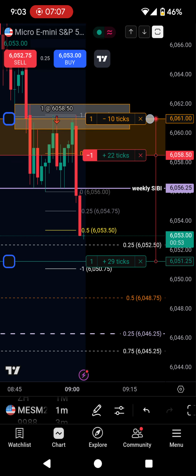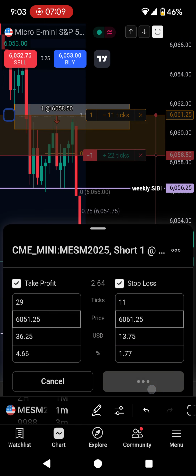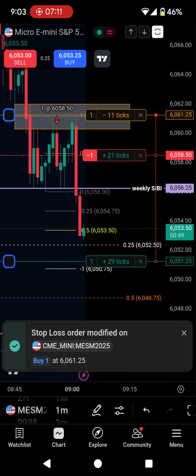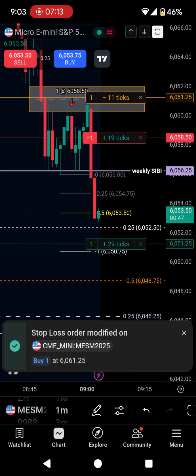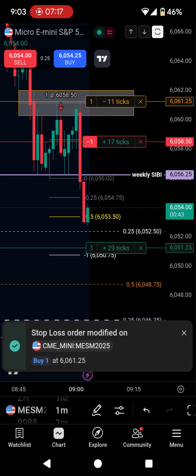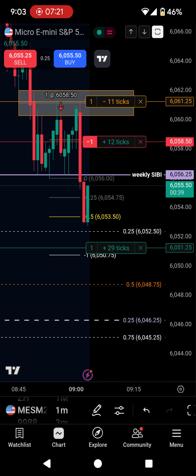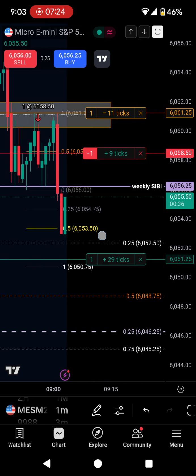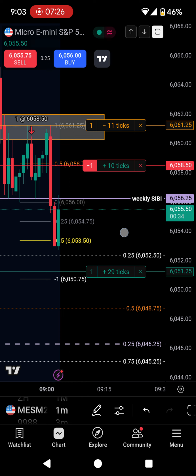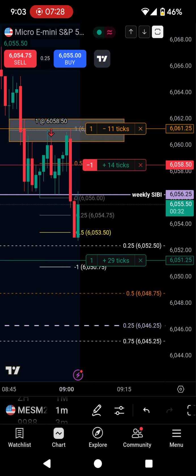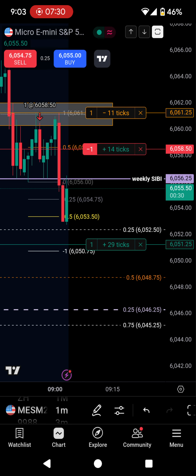Right now I'm going to trail my stop loss onto here. It's pulled through the -0.25 level, so we can expect this will be the IOFED, and send it lower.